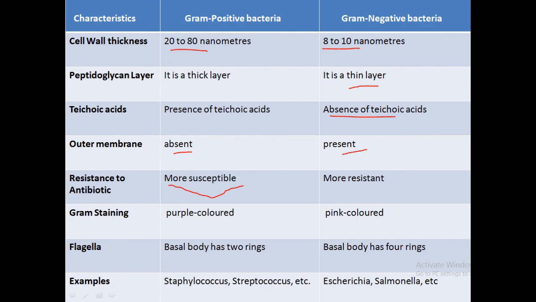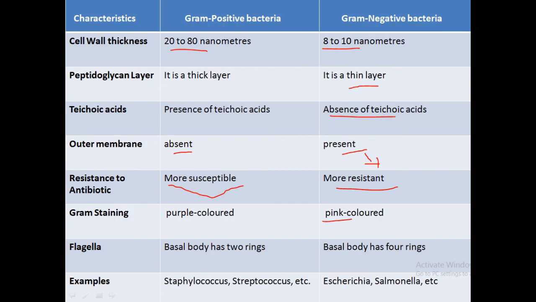The gram negative bacteria are more resistant to the antibiotic because of the presence of the outer membrane. Now, in gram staining, gram positive bacteria become purple violet in color, and the gram negative bacteria become pink in color.